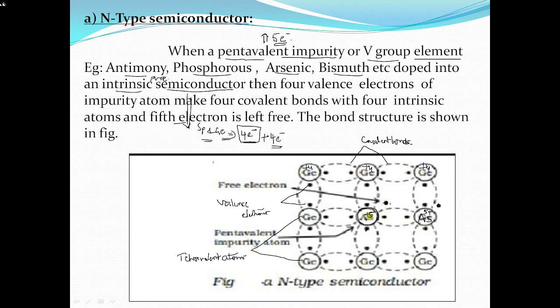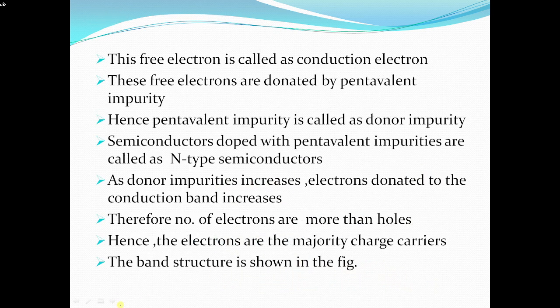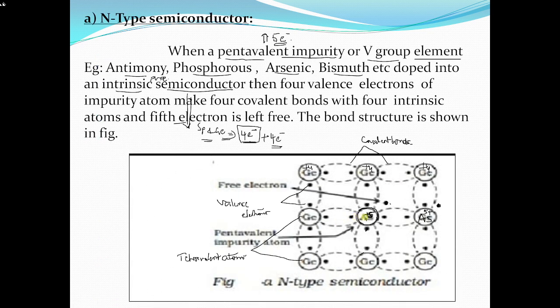Here this arsenic, the pentavalent impurity, is donating electrons. That's why it is called a donor impurity, and these electrons are called donors.